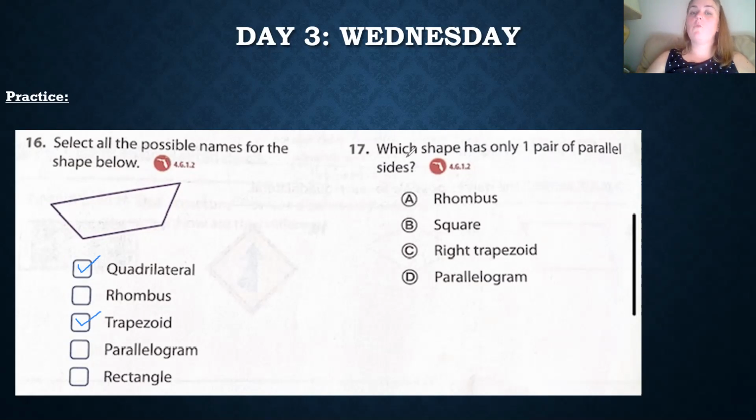All right, the next one. Which shape has only 1 pair of parallel sides? Well, we just kind of answered that. A rhombus has all sides that are the same length and opposite sides that are parallel.